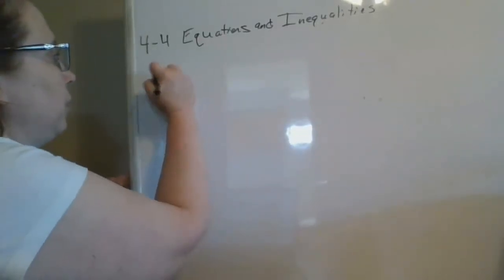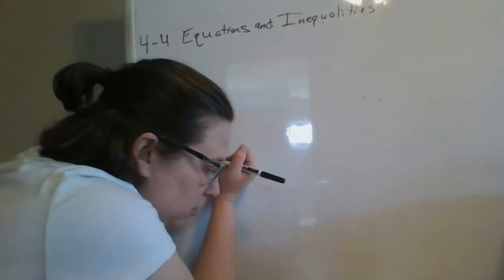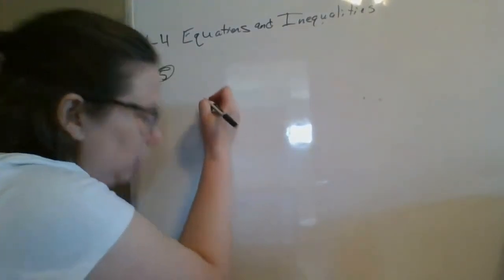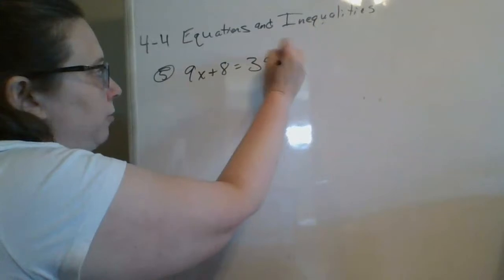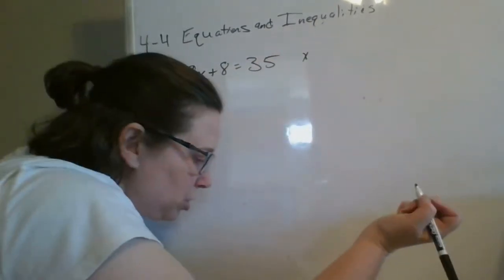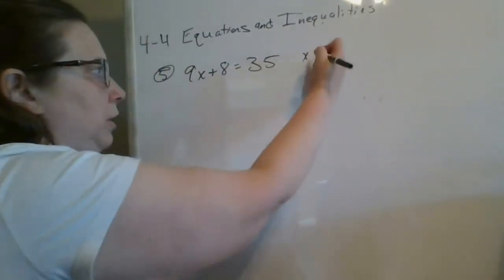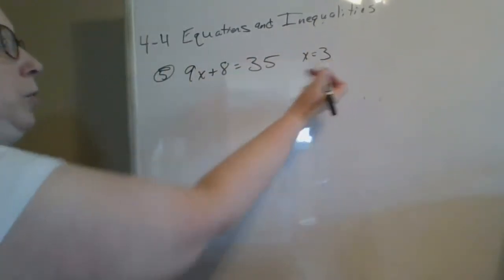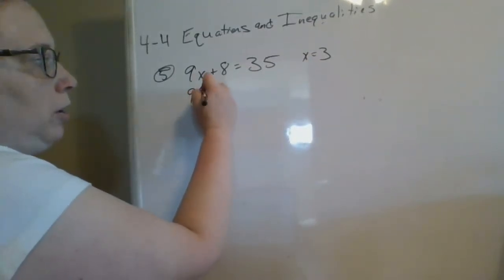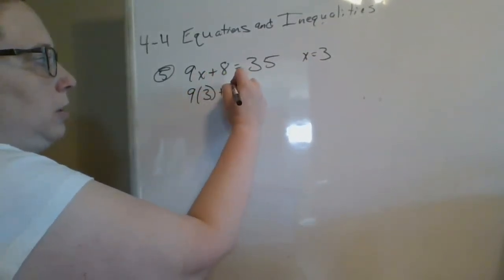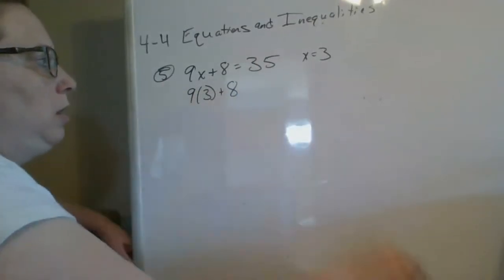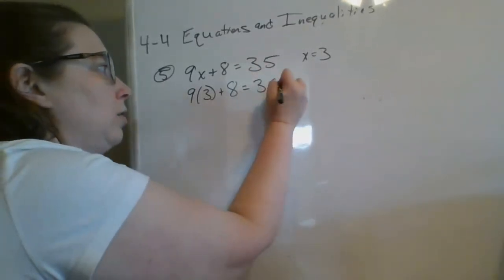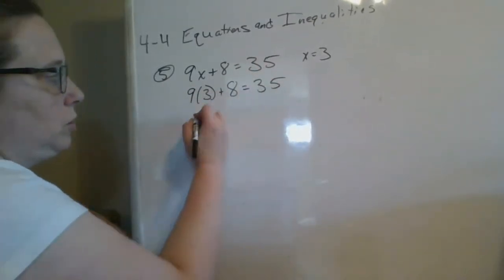So number 5 tells us 9x plus 8 equals 35, and it tells us to check for x equals 3. We're going to go ahead and plug in or substitute in 3 for x. And then we can use our order of operations to solve this.